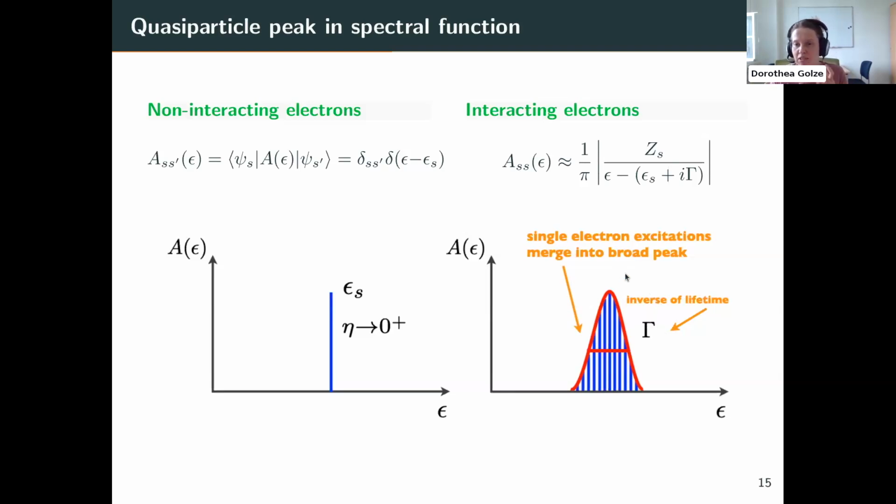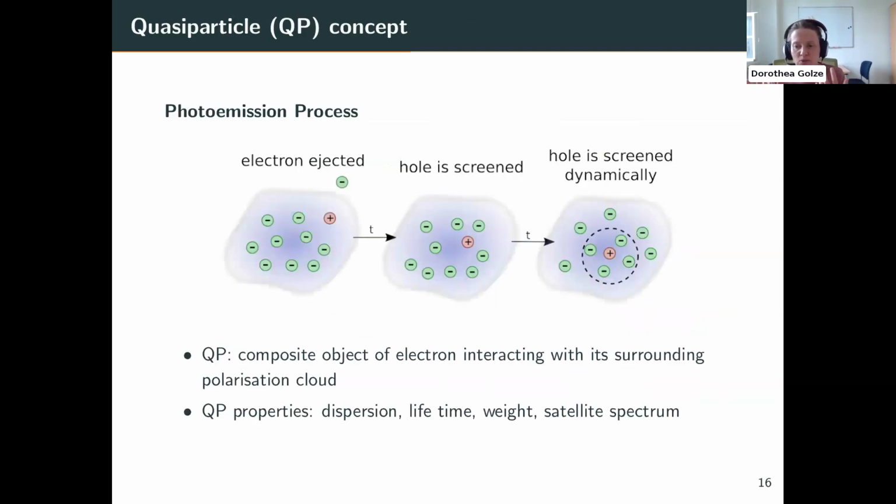So I came to the definition of the quasi-particle peak through an explanation that maybe makes sense to people who are very familiar with full CI. I'm also trying to give a more intuitive explanation, shown on this picture. Imagine an electron is ejected during the process, then the other electrons rush in to screen the bare hole.